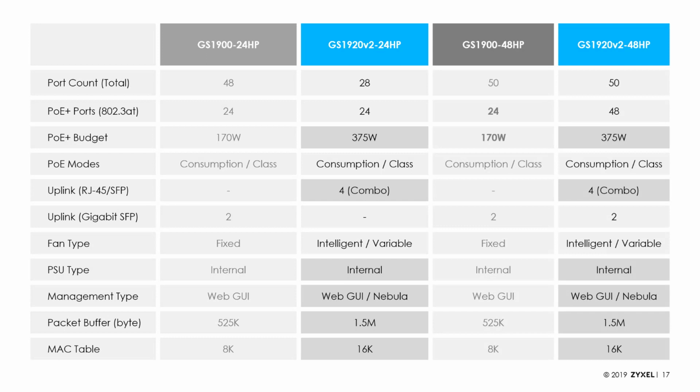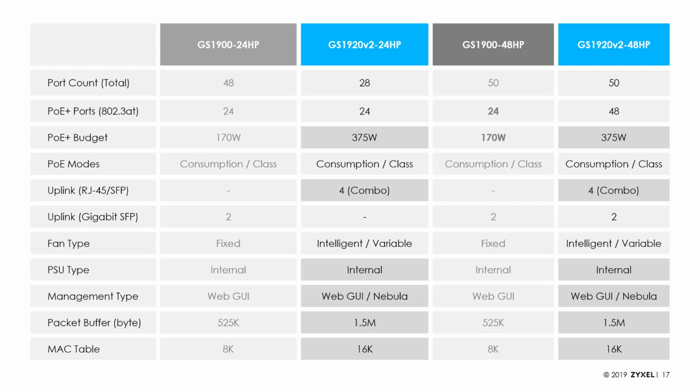When we take a look at the GS1920v2 48 HP, we can see that we still have this larger PoE budget, so 375 watts on the GS1920v2 48 HP versus the 1900 48 HP. We also have a big difference in terms of the ports available.